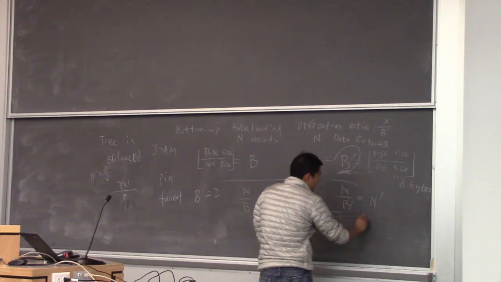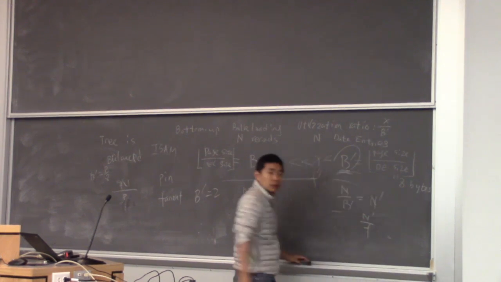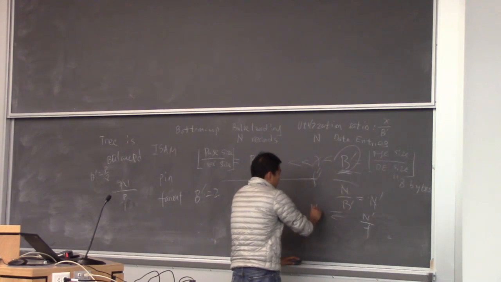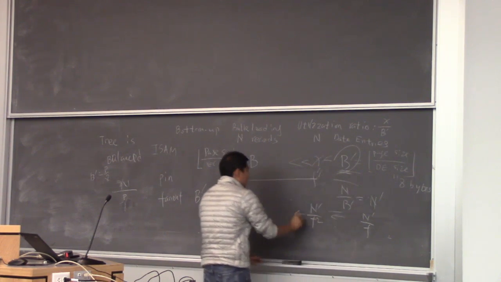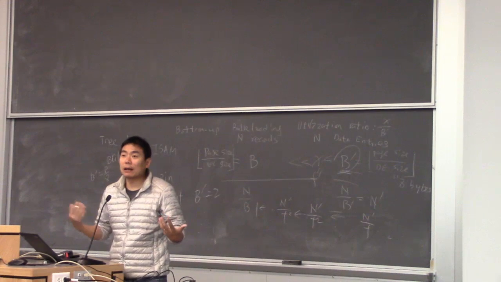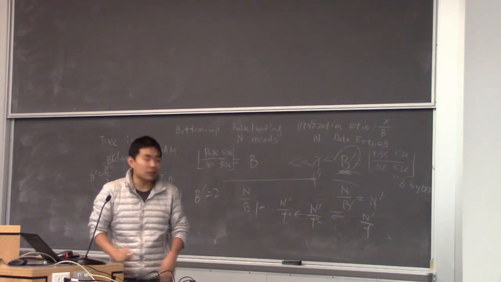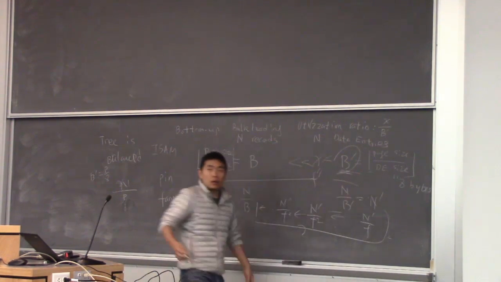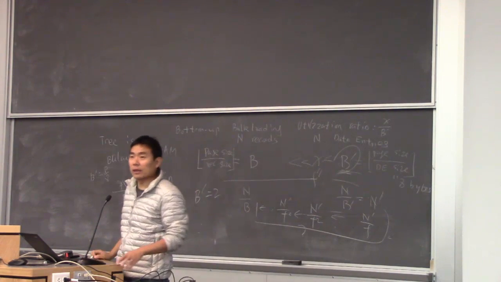I will have n prime over f pages in the level above, then n prime over f squared, n prime over f cubed, until I have only one page at the root level. That's my root level. The question is how high this tree is.